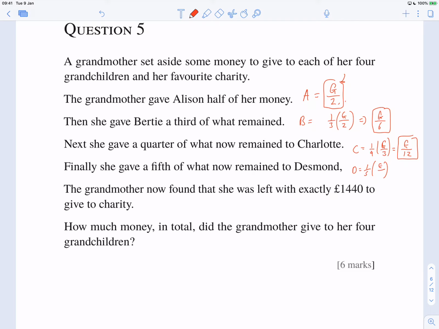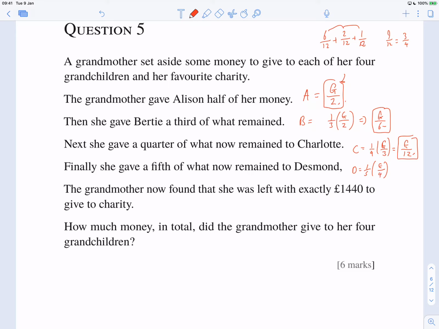Well, halves, sixths and 12ths, they've got a common denominator of 12. So I've got 6/12 went to Alison, plus 2/12 went to Bertie, plus 1/12 went to Charlotte. So 6 plus 2 plus 1 is 9, and 9/12 divided by 3 top and bottom is 3/4.